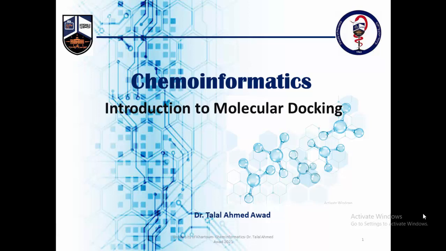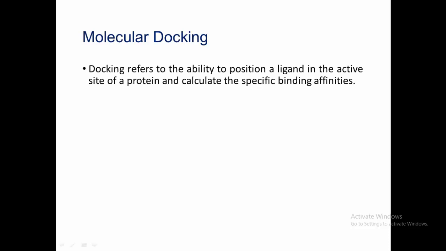In this lecture, I'll be talking about molecular docking as one of the chemoinformatics techniques. Molecular docking is the ability to position a ligand in the active site of a protein and calculate the specific binding affinity.